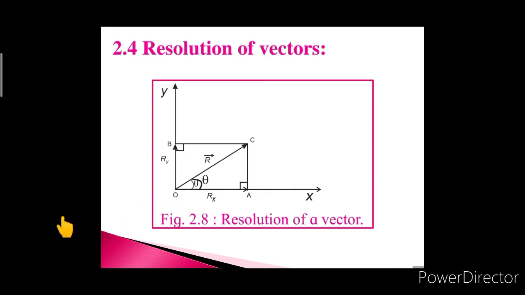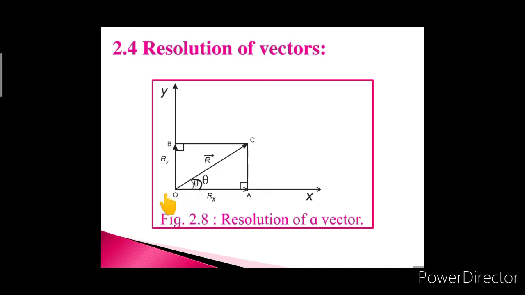Since the components are found along mutually perpendicular directions, they are called rectangular components.